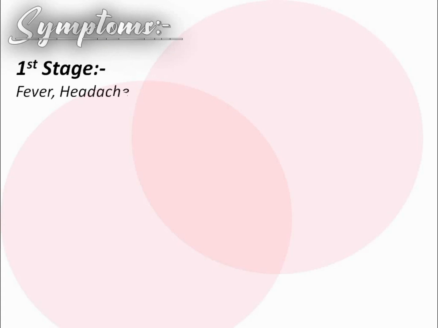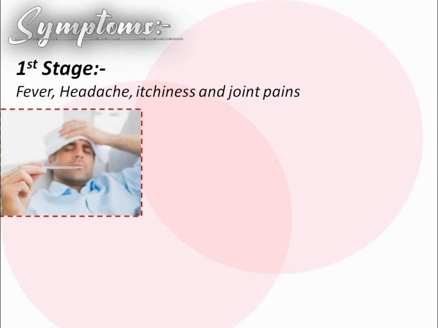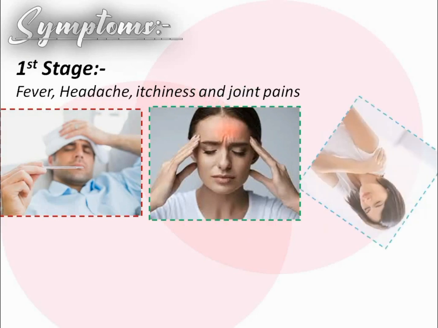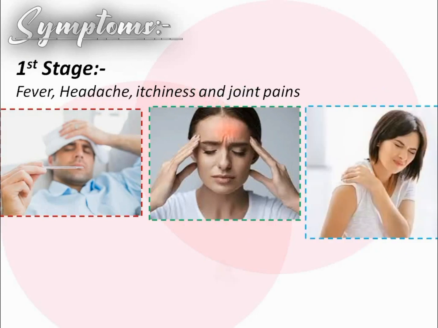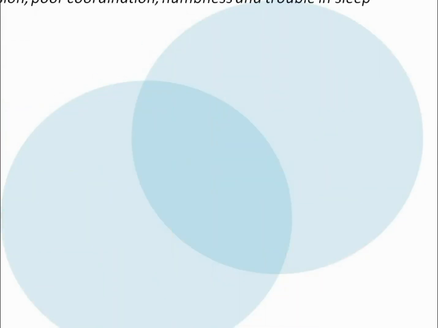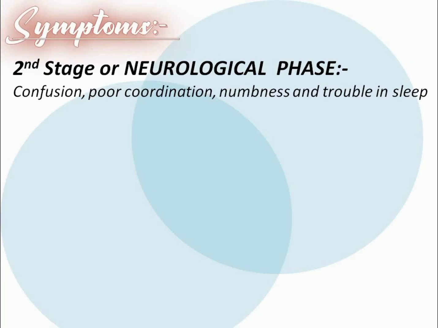So what are the symptoms? In the first stage, that is the first part, the symptoms are fever, headache, joint pains and itching. Second stage is also called a neurological phase because it affects the brain.